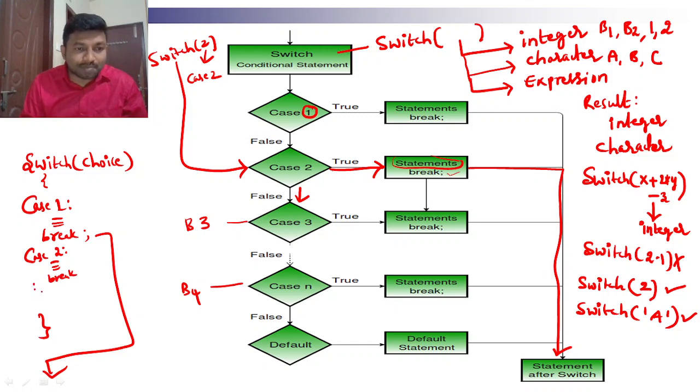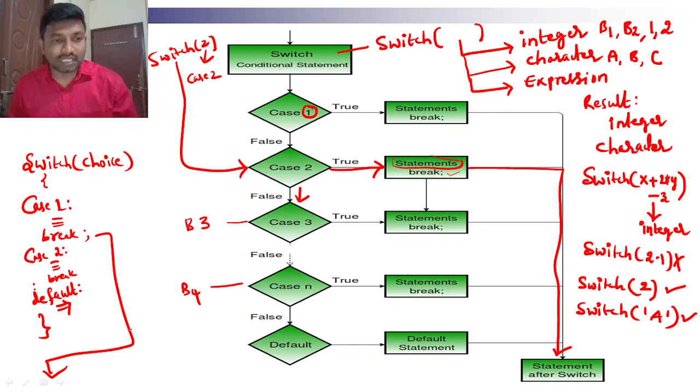But if the choice supplied by the user is not matching any case, means the choice is not 1, not 2, not 3, then in the worst case, in the else if ladder we execute the else. Here we execute the default case. We say default. You say that the user's choice is not matched with the cases written in the switch. So that way you can write the statement in the default case. So that is the way the switch is going to work.